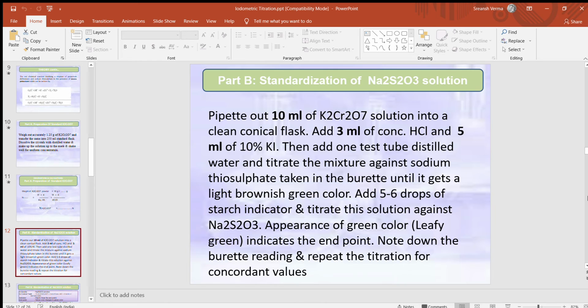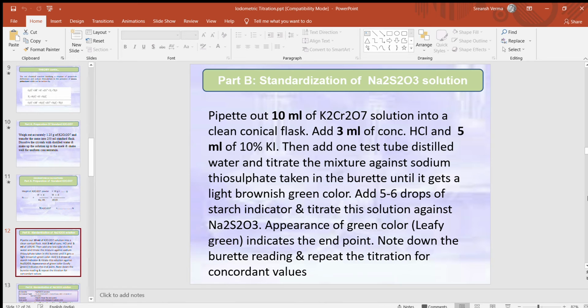Both solutions are added with the help of a measuring cylinder. Then you add 1 test tube of water. As I told, we add this distilled water because we want to carry out the titration in cold conditions so that iodine is available in the flask and does not volatilize.